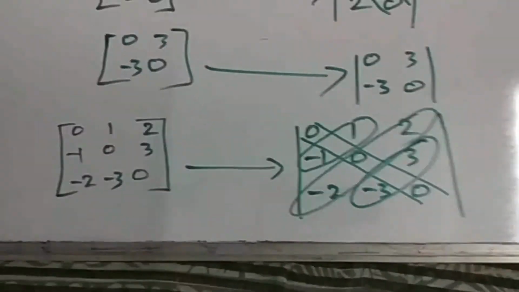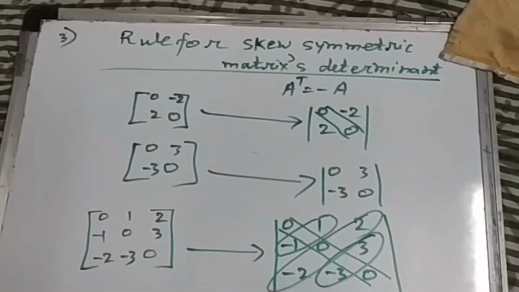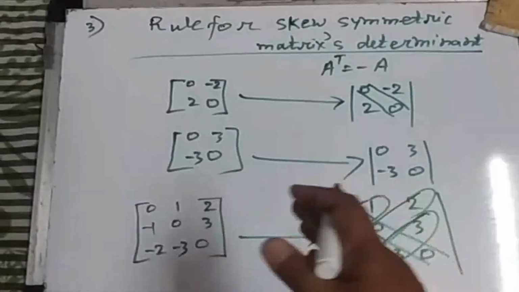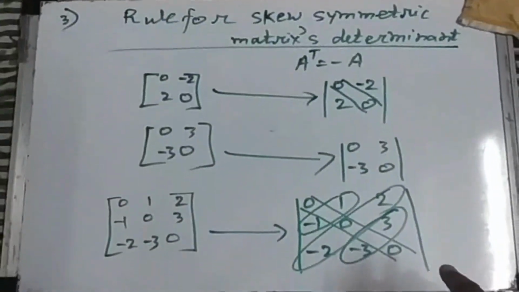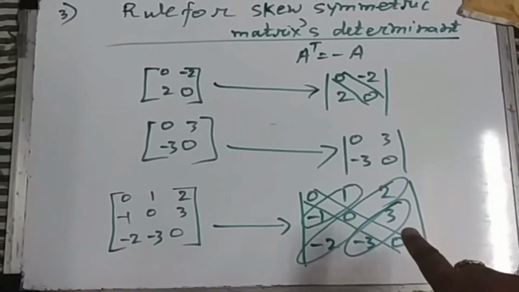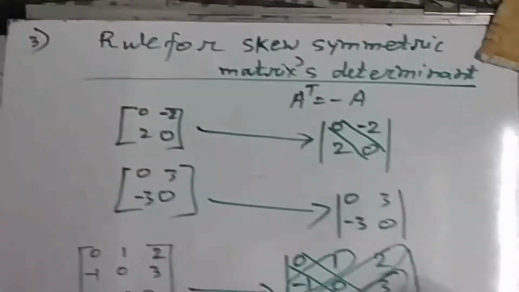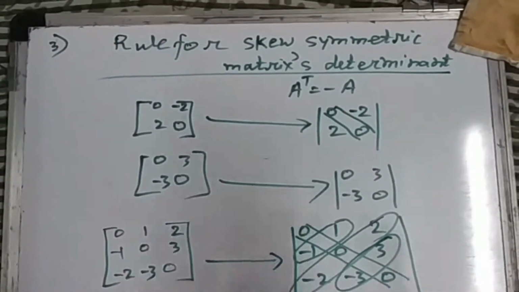Okay, so this is the rule for skew symmetric determinant that you have to remember. The same way, the matrix inside the parallel lines you have to write, and as the diagonal elements are 0, you can try to find out what determinant is coming. Okay, the next rule will be in the next video.